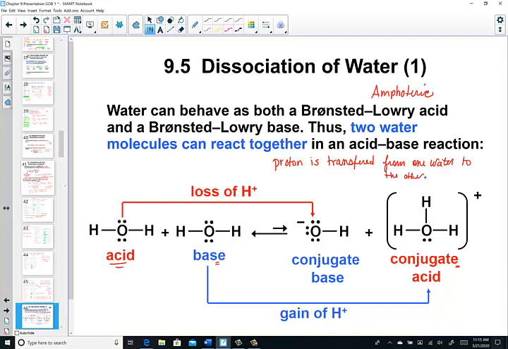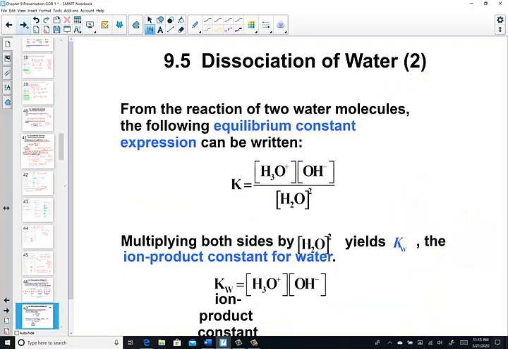Now, when we think about this, the OH negative, we recognize this as the base ion, and we recognize hydronium as the acid ion. When we take a look at products over reactants from that reaction, we come up with what's known as its equilibrium constant expression.